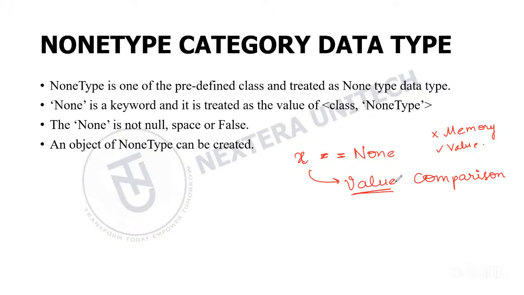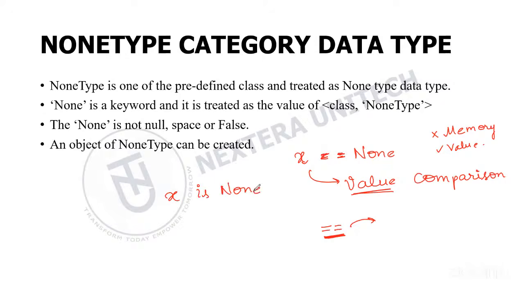This is not the right approach, because the equality operator can be changed by the object. Some objects redefine how equality works. That is why you should not use this equality comparison. Instead, you should use x is None.